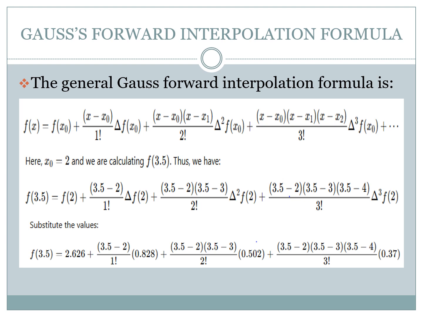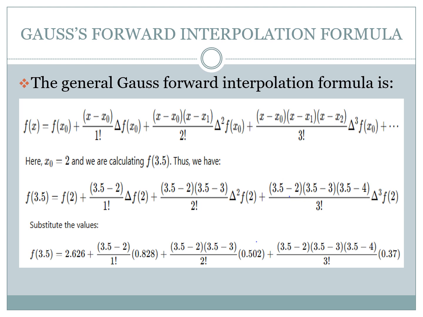Then again we substitute the values for delta f of 2, delta square f of 2, and delta cube f of 2 also. So here f of 2 value is 2.626. Just we have to substitute f of 2, and the delta f of 2 value is 0.828.